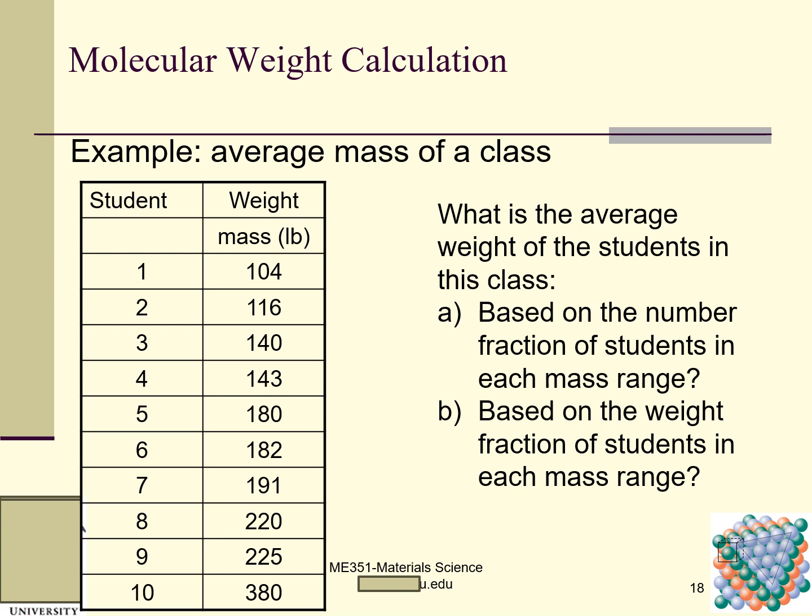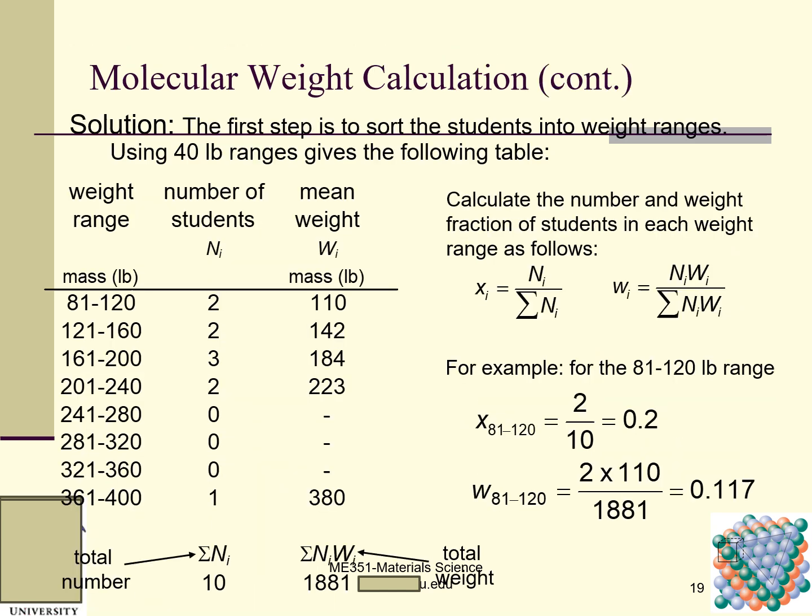So this is the student index, this is the weight, and we use the number fraction of students in each mass range, and the weight fraction of students in each mass range. This gives you an example of how we can calculate the molecular weight.